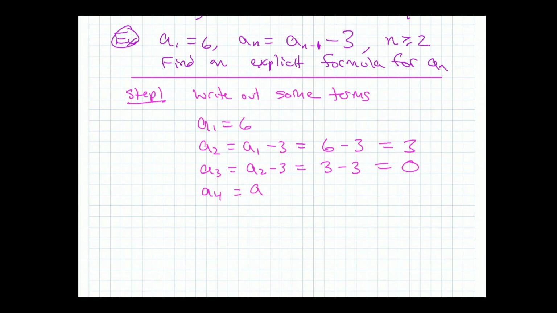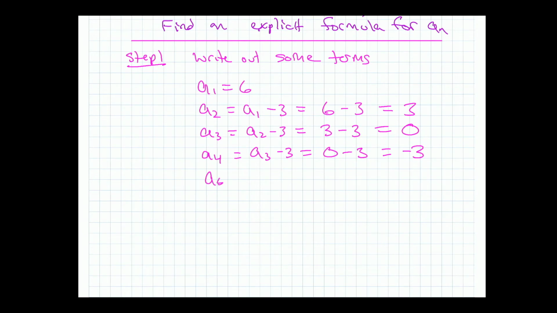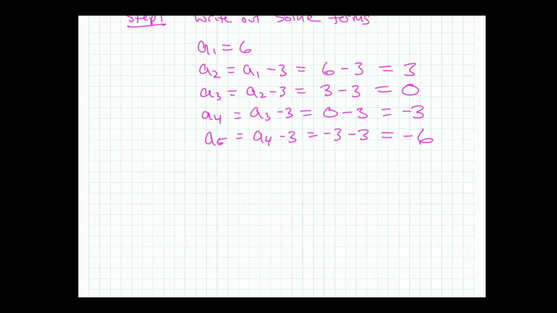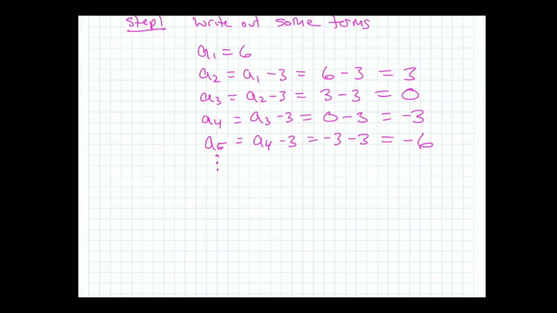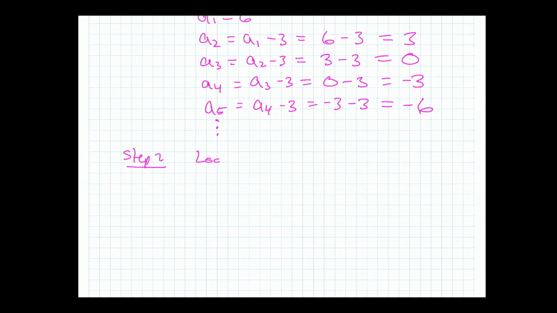A4 is A3 minus 3, which is 0 minus 3, which is minus 3. A5 is A4 minus 3, which is negative 3 minus 3, which is negative 6, right? And so you do this until you think you see the pattern. So step 2 is we're going to look at these and see if we can tell what the pattern is.